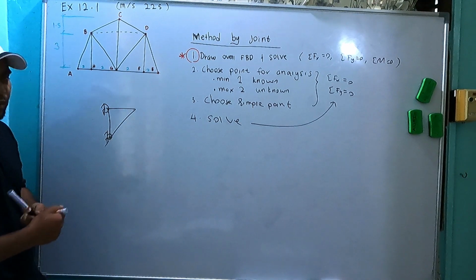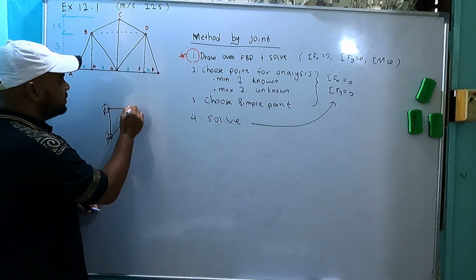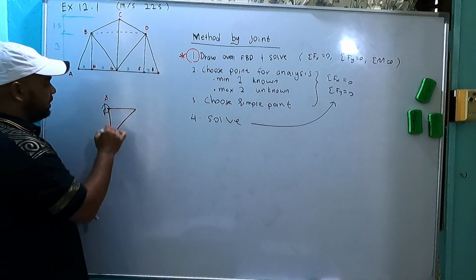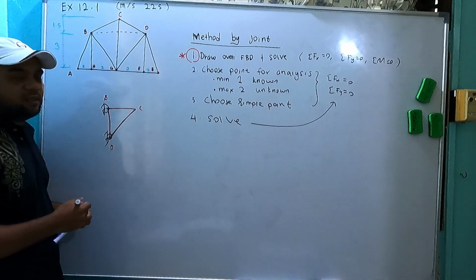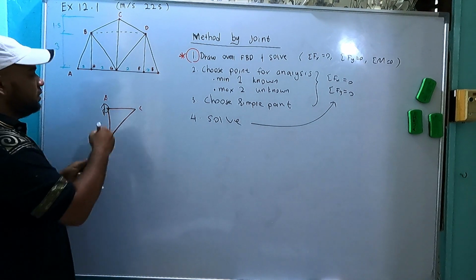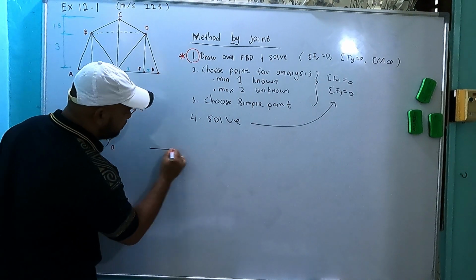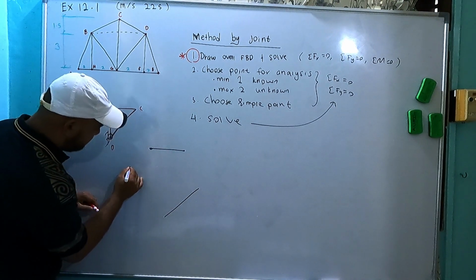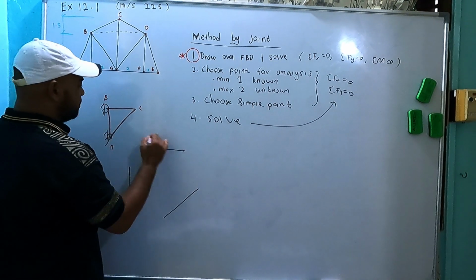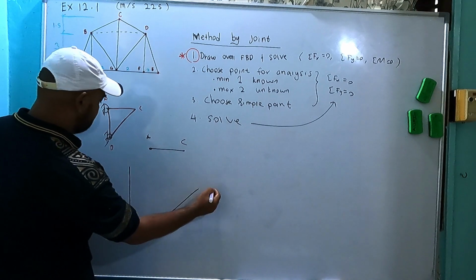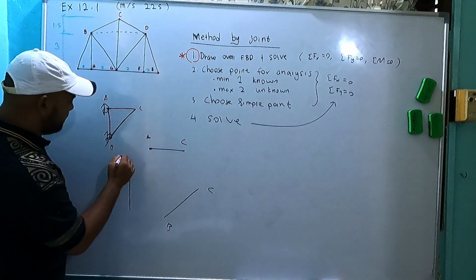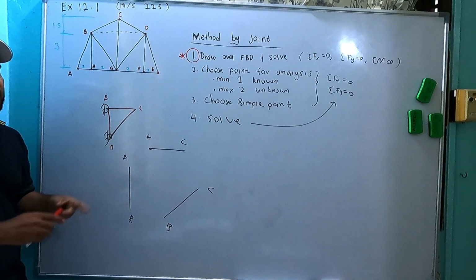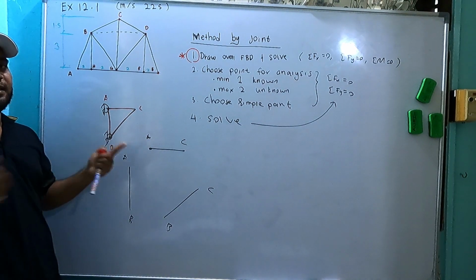If we want to find the force in these three components, let's say this is A, B and C, and you want to know the force in each individual component, this is the first one, this is the second, and this is the third one. So this is AC, CB and AB. We know that it is a two force member, so either in tension or in compression.